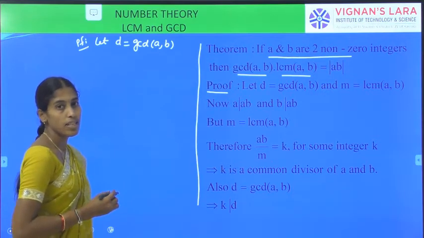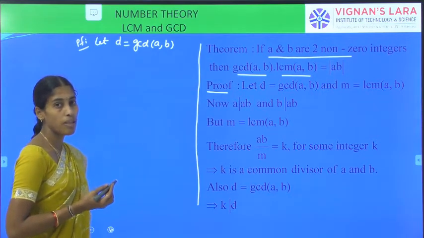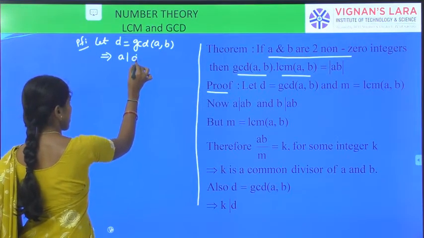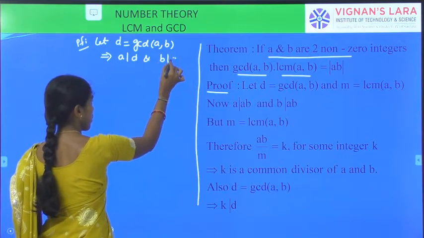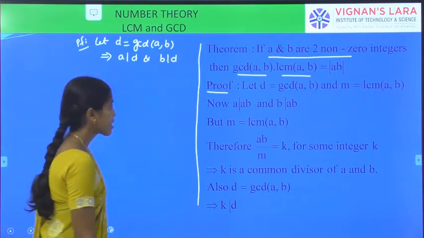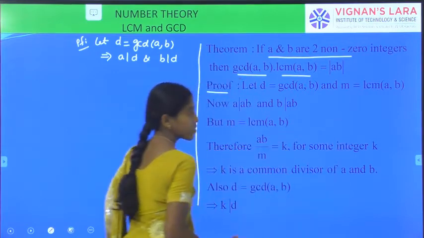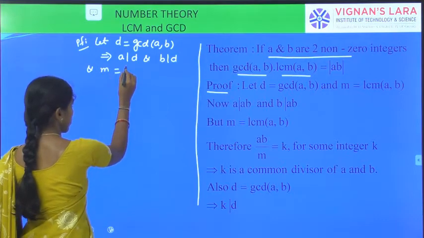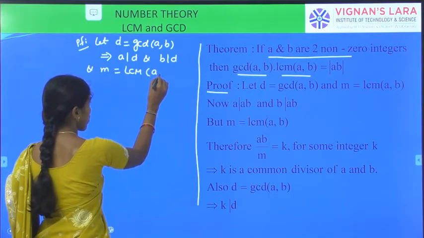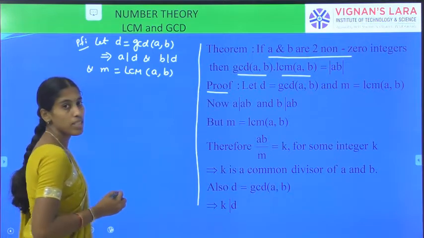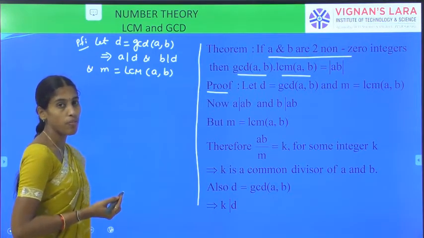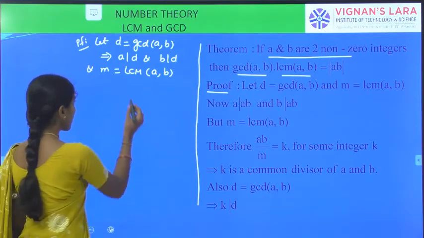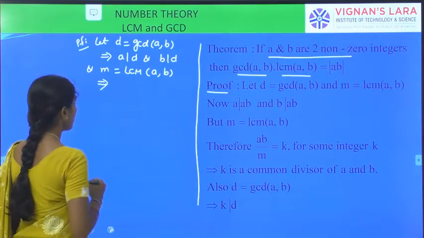It means that D is the greatest common divisor of A comma B. The second one is M is equal to LCM of A comma B. It means that M is the least common multiple of A comma B, which means M is a common multiple of both A and B, right?